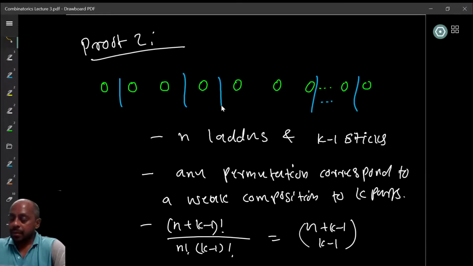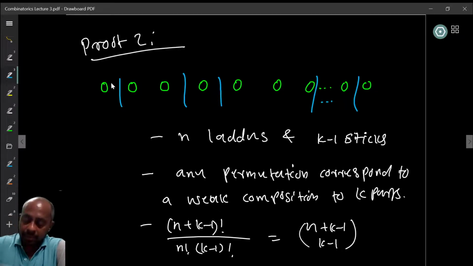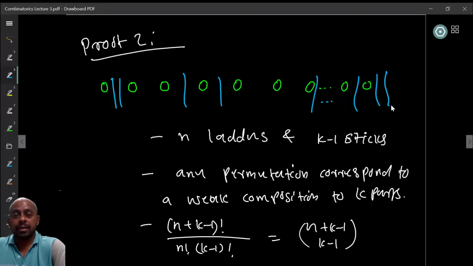So this way the k minus 1 children take, and the remaining laddus, if there are any, go to the last child, because if the stick is at the last end, then there is nothing remaining. Which means that the last child also may not get anything, right? So you have the laddus and sticks arranged. Some of the sticks can be together like this, right? You can have 2 sticks like this, so that after the first child, the second child does not get anything, or maybe the last 2 children do not get anything, right? So this is possible.